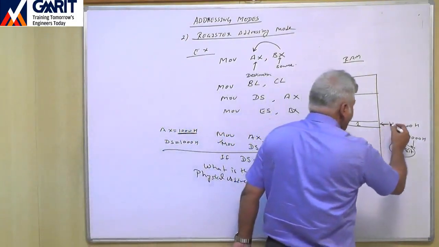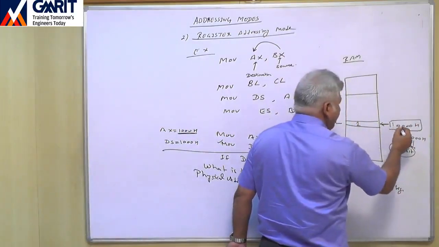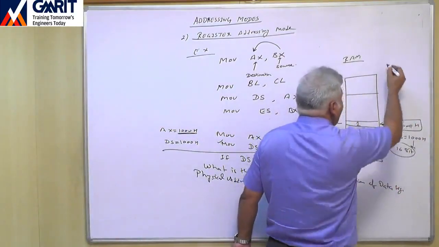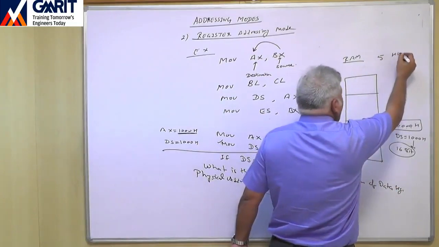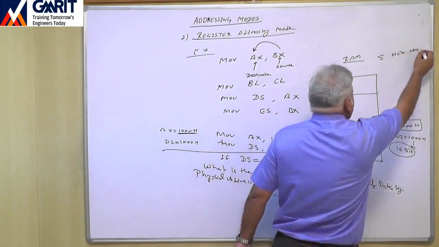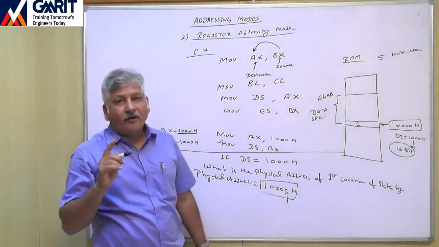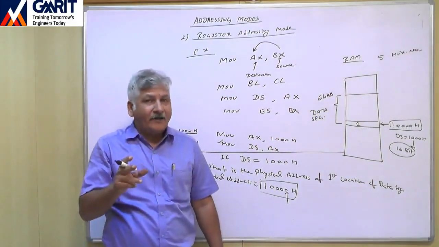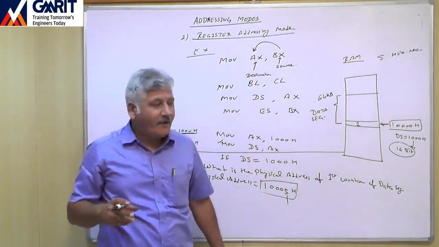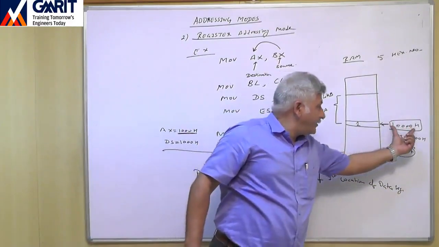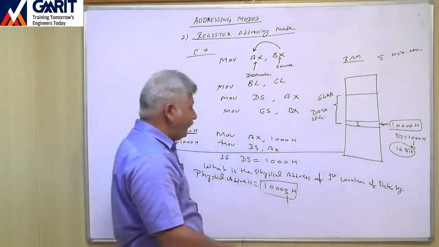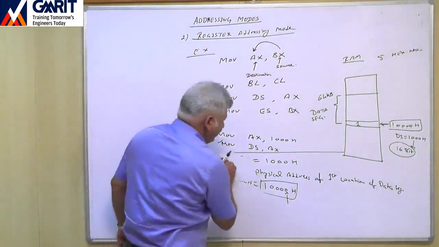So this is a 20 bit number, right? Because see, 1, 2, 3, 4, 5. There is 5 hexadecimal numbers. One hexadecimal number is equivalent to 4 binary bits. So 5 into 4, 20. In this way, 20 bit is the physical address of this particular segment.